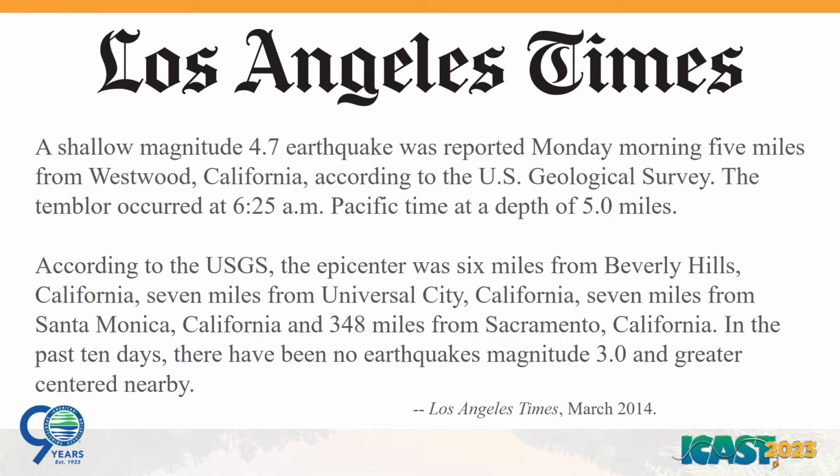This article reports about an earthquake that occurred in the morning just outside of Westwood, California in March of 2014. It provides information about the earthquake, where it took place, what the USGS has identified as the epicenter, all the information you wanted to know when you woke up in LA that morning about the earthquake that happened last night.